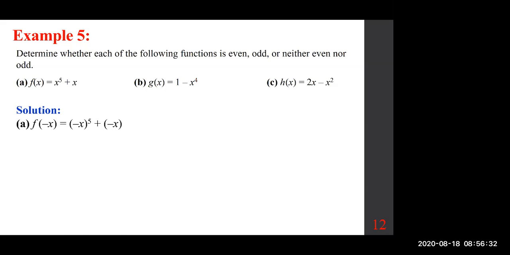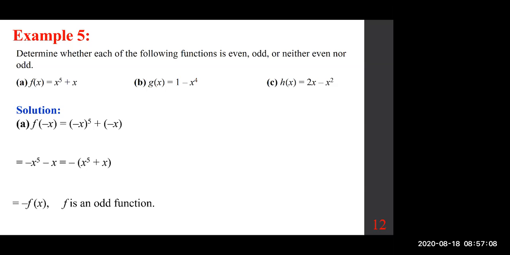When we evaluate f of minus x, we get minus x to the power of 5 minus x, which is the negative of the parentheses x to the power of 5 plus x, which is the negative of f of x. And that's a proof. We just proved this is an odd function. Okay, class, this is an odd function.